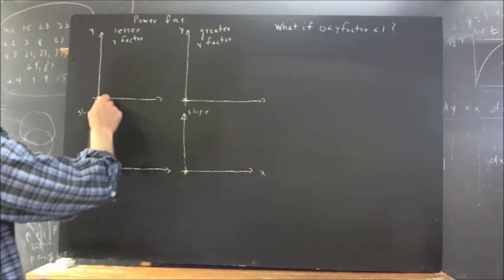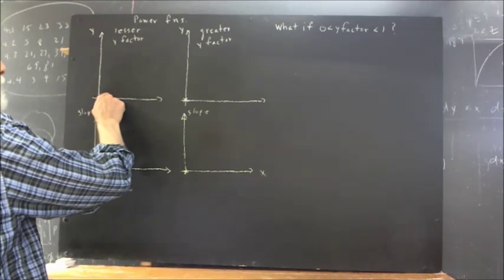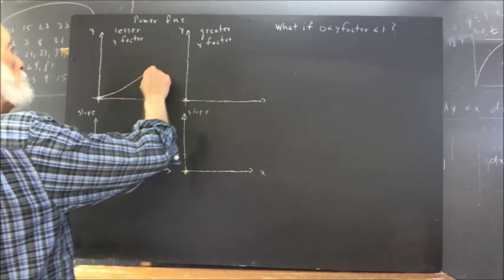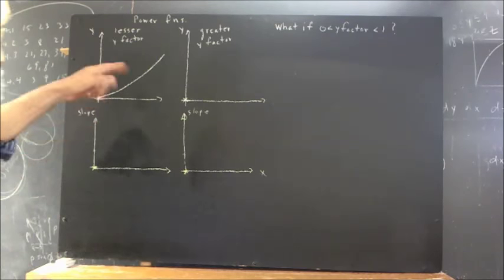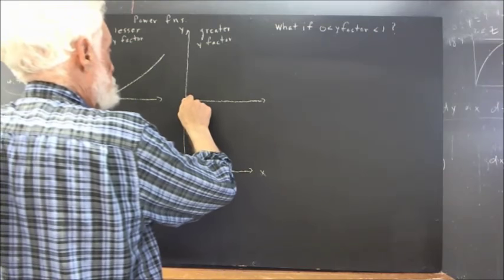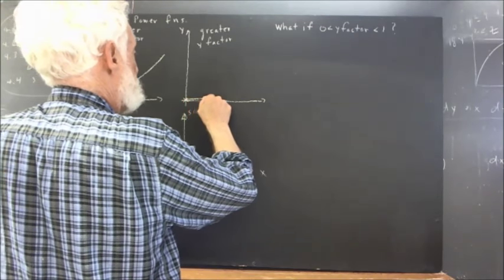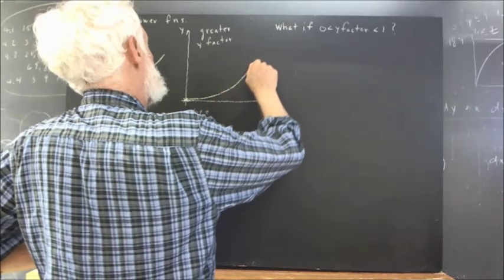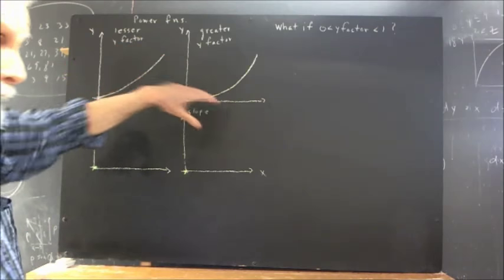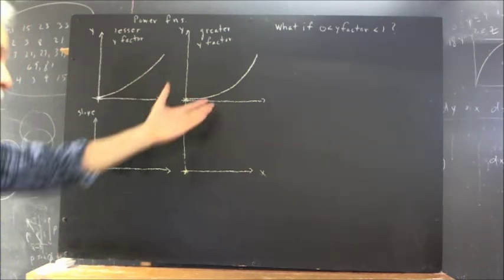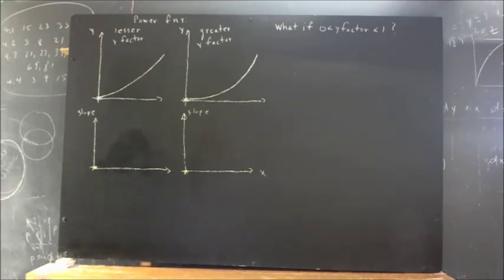So, okay, there's a graph with maybe a lesser y factor, and here's one with maybe a greater y factor. And if you've done enough of these graphs, you'll understand that that is a reasonable representation.